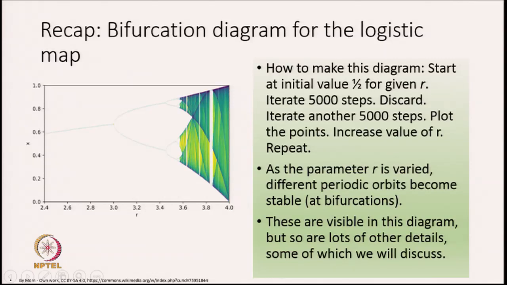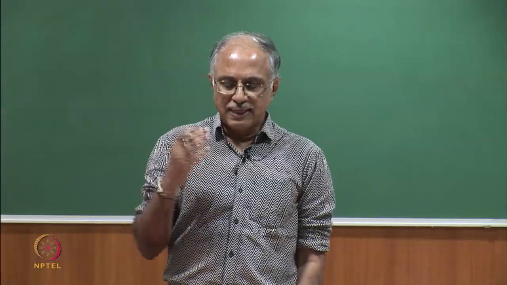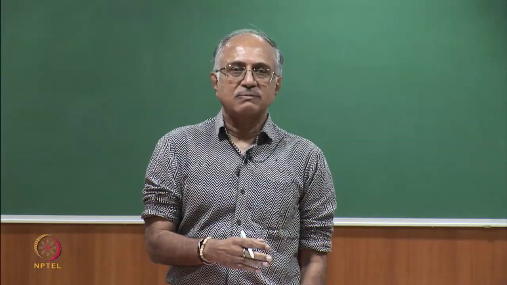You iterate the map for, let us say, 5000 steps, discard it as transient behavior, iterate it for another 5000 steps, and you plot these points.